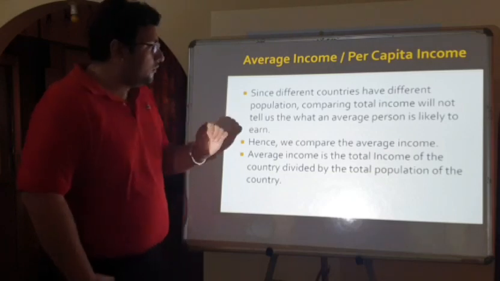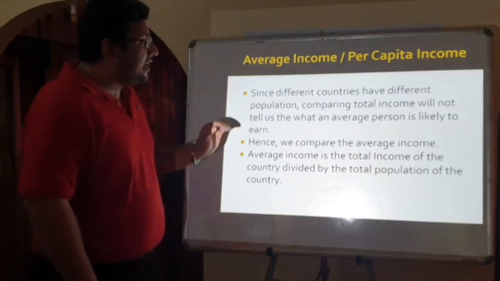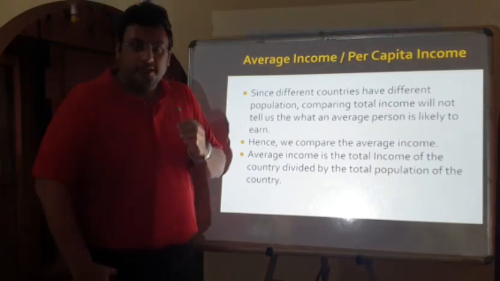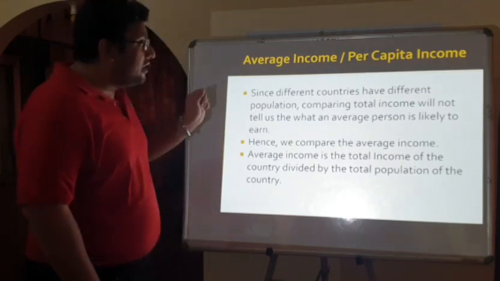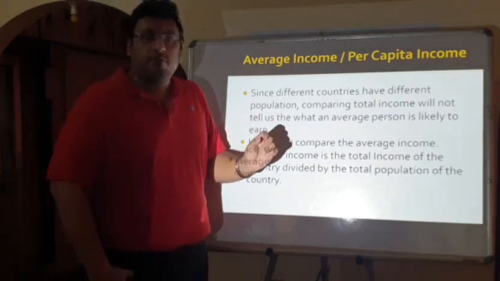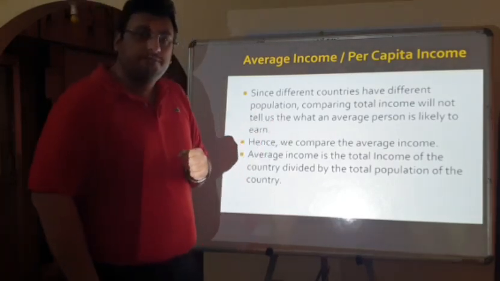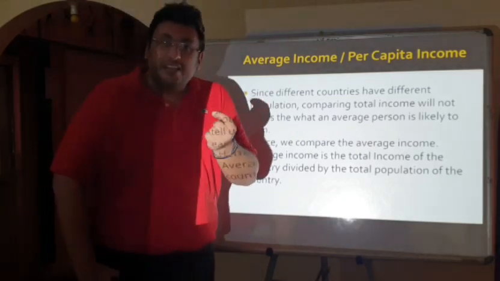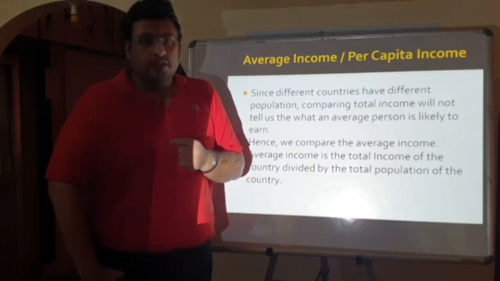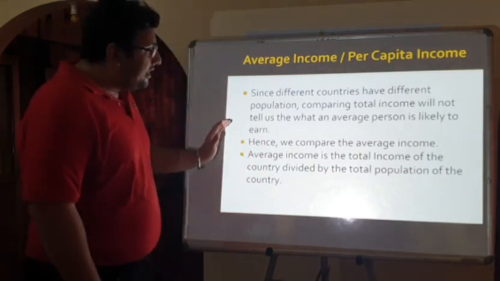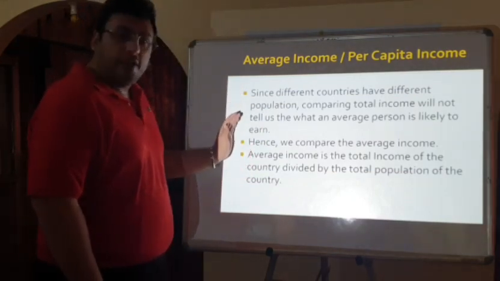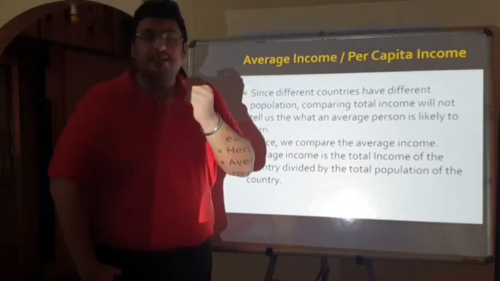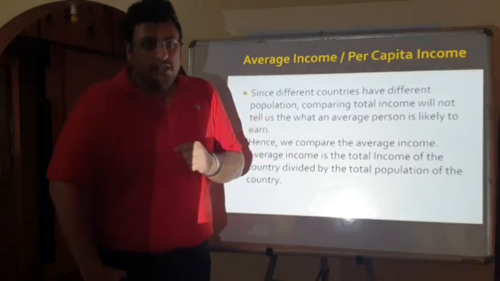Since different countries have different populations, comparing only on the basis of total income will not give us the correct picture. We have to find out what an individual person is earning. Therefore, we consider average income while comparing countries or states.